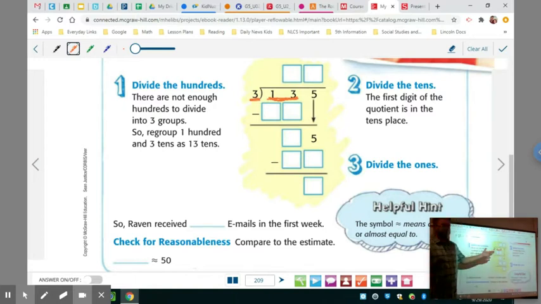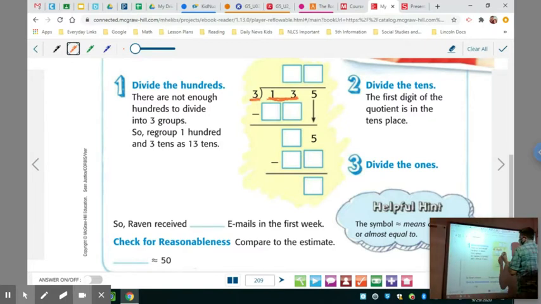If some of you forgot how to get that answer, you can skip count: 3, 6, 9, 12, 15. Well, 13 is what we're looking for, and 15 is too much, right? So you say 1, 2, 3, 4. That's how you do it if you still don't know your multiplication facts, which you should.